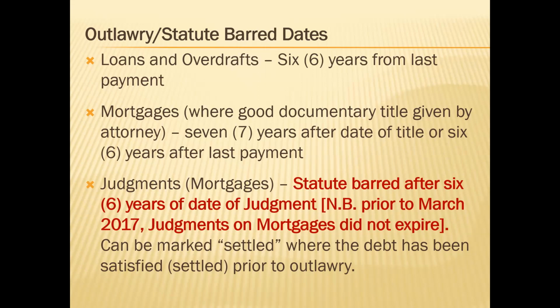When it comes to judgments on mortgages, they're statute barred after 6 years from the date of the judgment. And you see a note there: prior to March 2017, judgments on mortgages did not expire.